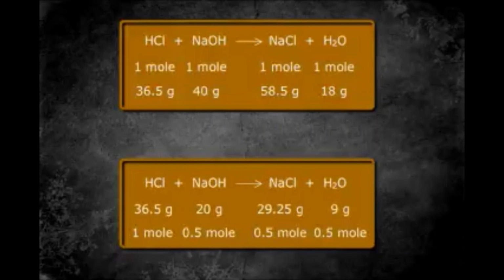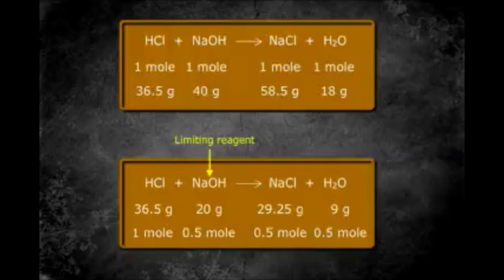It is so because even if 1 mole of acid is present, only 0.5 mole of base is present. Therefore, 0.5 mole of acid will remain unreacted in the resultant solution. Hence, in this case, sodium hydroxide acts as the limiting reagent, as it limits the formation of a product.